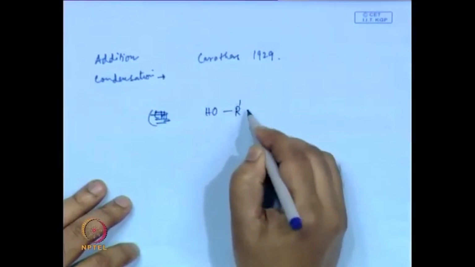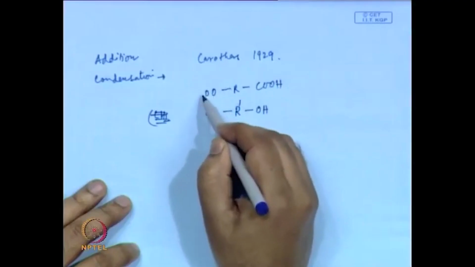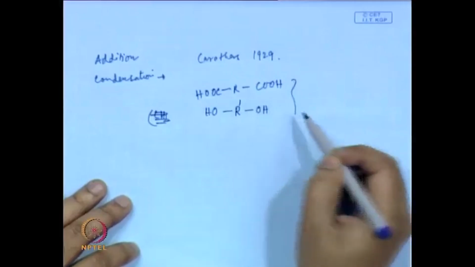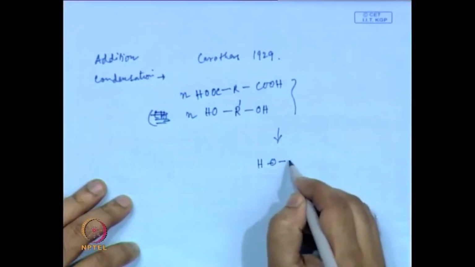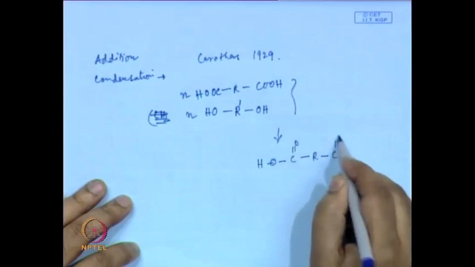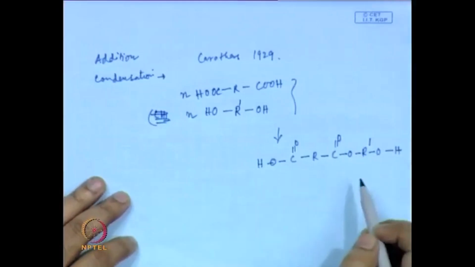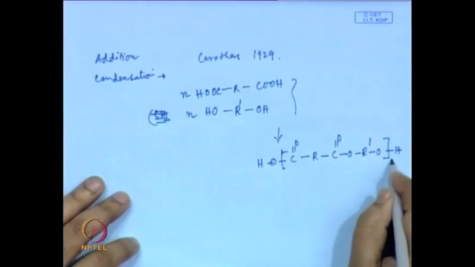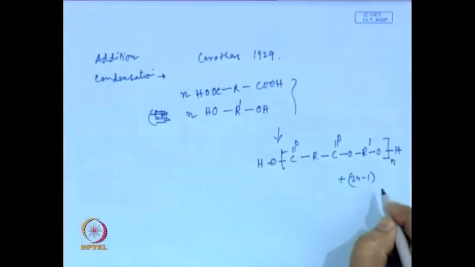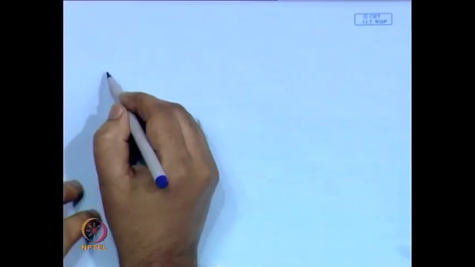So, if I have this plus this, these two react, n molecules of this and n molecules of this, it will give you polyesters.